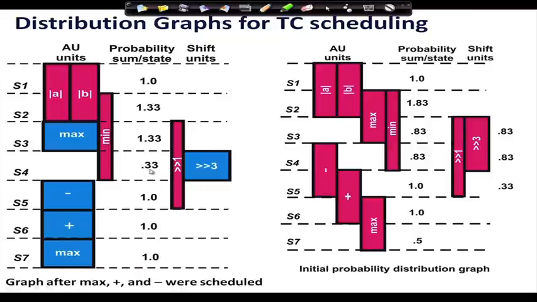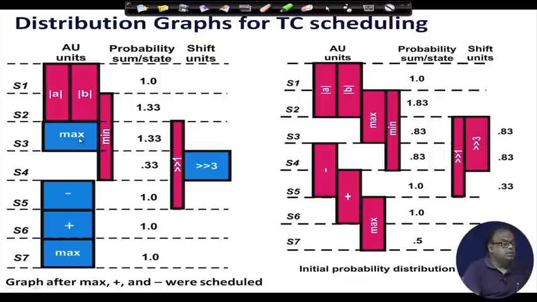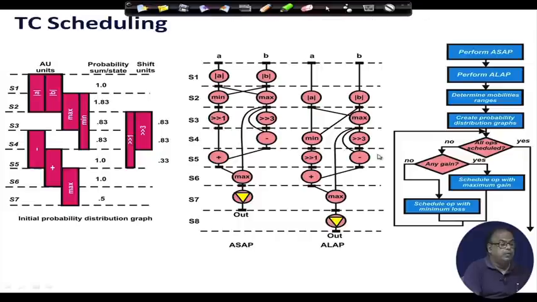Now, this part has got a probability of 0.33. So, I can put mean here, or I could have put max here. So, out of these now I have to schedule. Now, again from here I can see that if I put shift by 3 at this step, because of the dependency, you can see that if I look at the control flow graph, the shift is required for this subtraction.